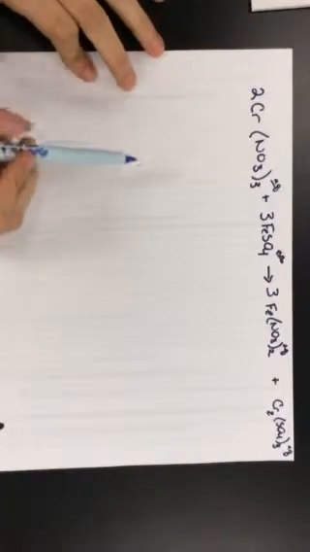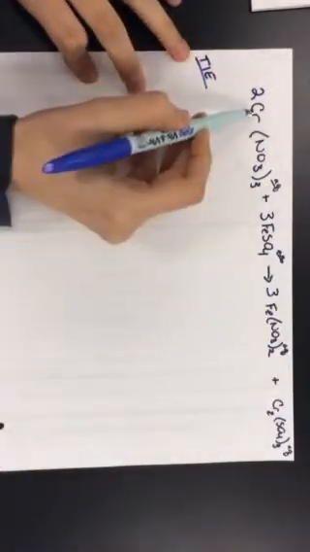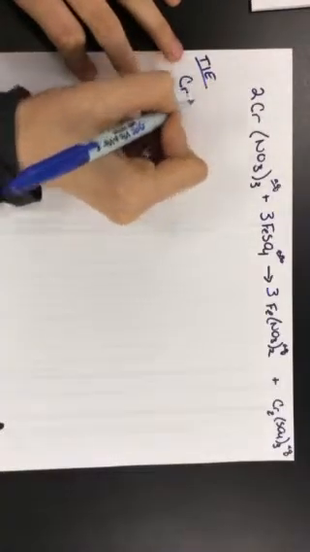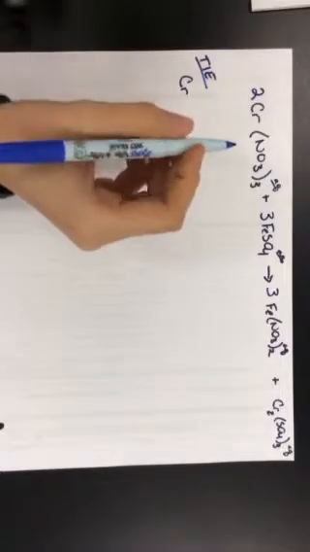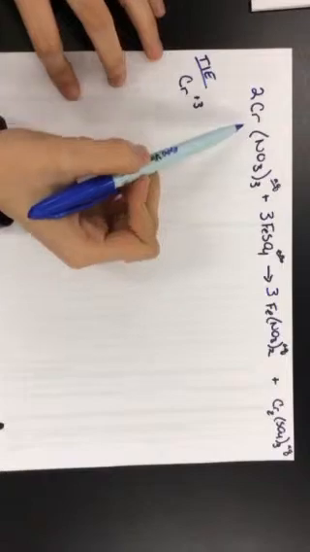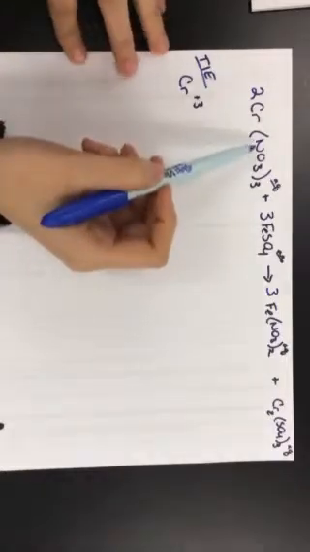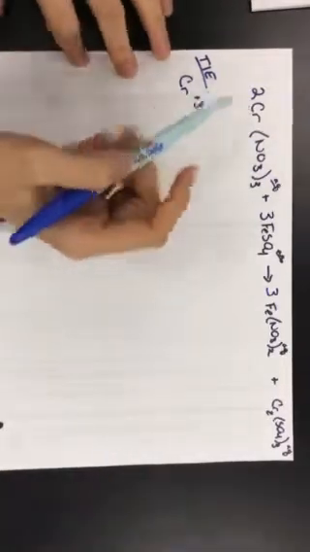All right, now from there we can go ahead and write our total ionic equation. So all of these dissociate, so make sure that you are breaking all of them down into their ions. Chromium is going to have a +3 charge. And that's simply based on the fact that there are 3 nitrates bonded to this chromium.